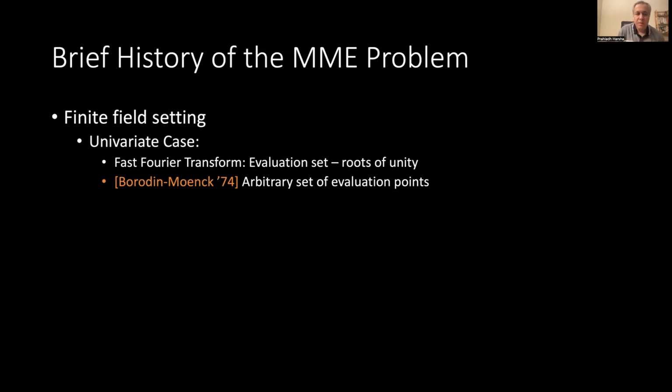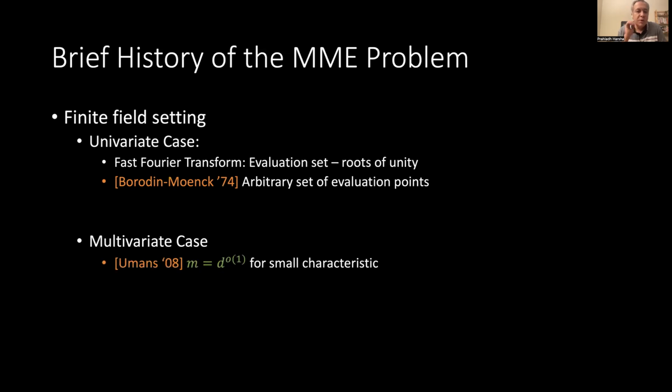And this was the situation for a very long time. The multivariate case remained open till a breakthrough came from Chris Umans, who showed that when the ambient dimension is not one, but large, but not too large, in fact, it's small, polynomially smaller than the degree, then we do have nearly linear time algorithms for MME for finite fields of small characteristic.